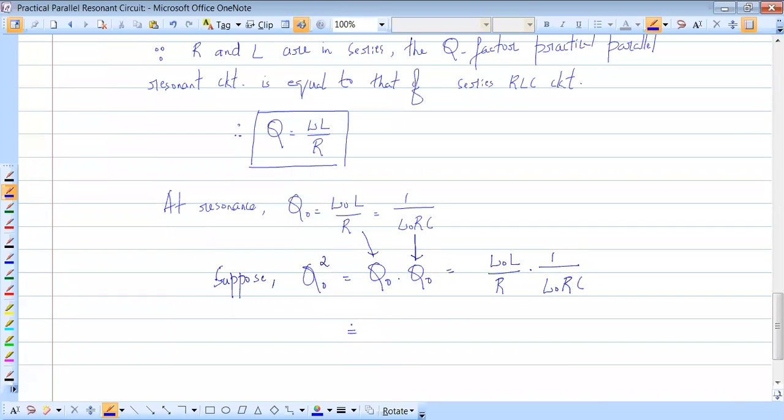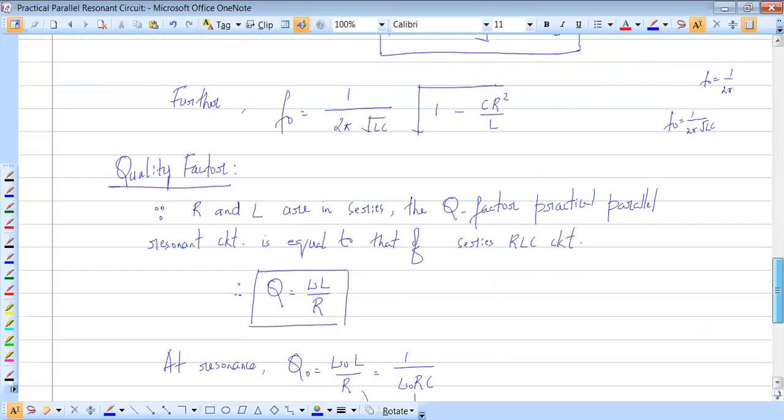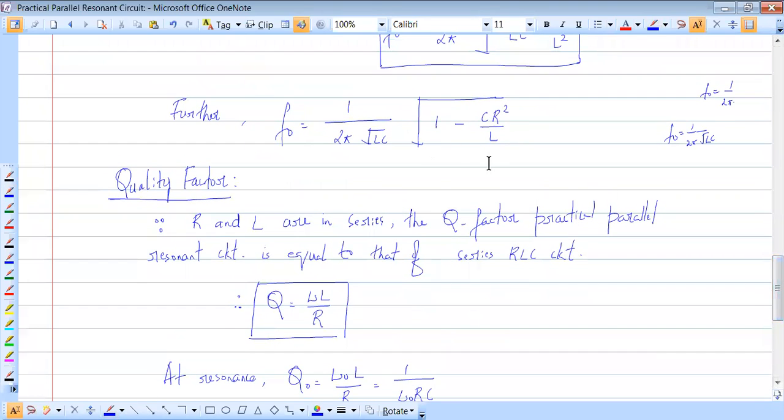So this implies Q naught square is, omega naught goes off, and you're left with L by R squared C. Is there this term in this particular equation? See here? Call this equation number 1.